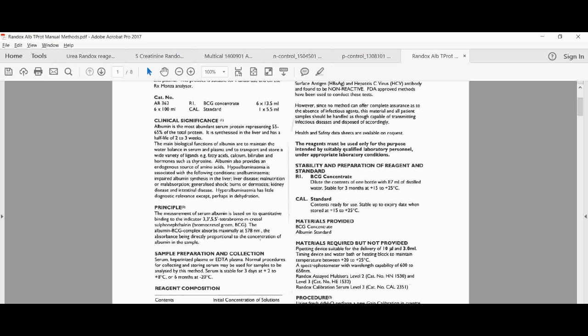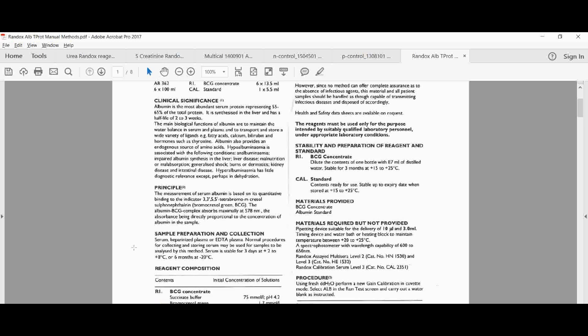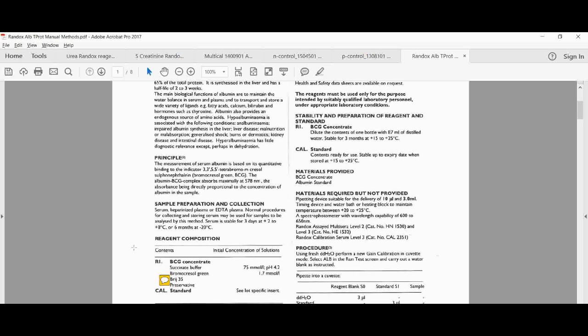But if you're talking about the wavelength, then different methods have different wavelengths. Depending on the concentration of the constituents, concentration of the buffer, concentration of the active reagent, they will all have different wavelengths at which it can be measured. The next piece of information on this sheet is sample preparation and collection.